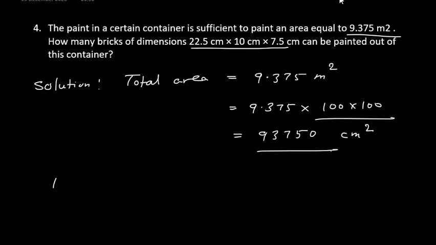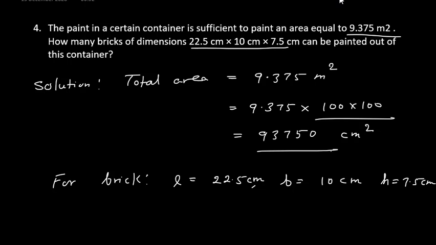Now, for brick, we have length 22.5, breadth 10. Obviously, all the units are in centimeter, and height is 7.5 centimeter.